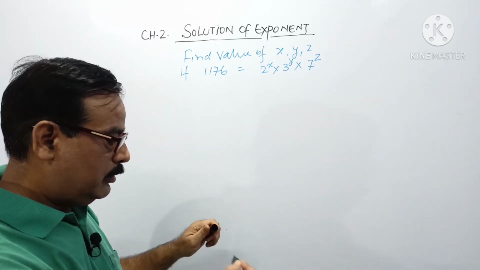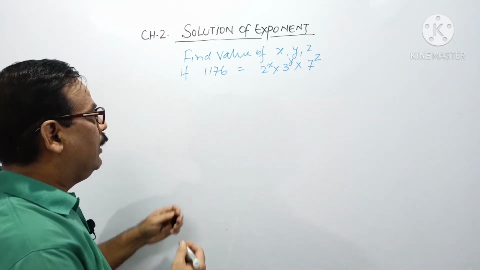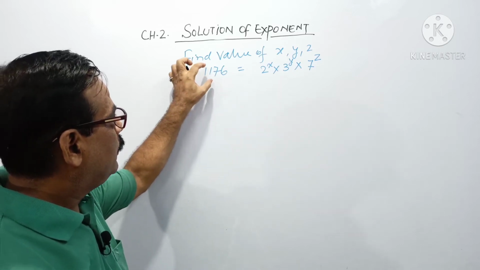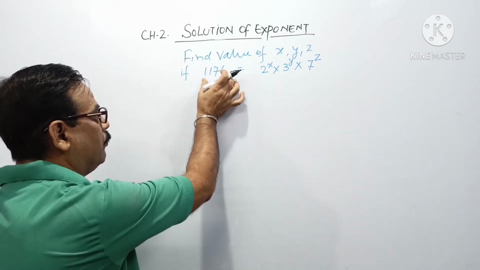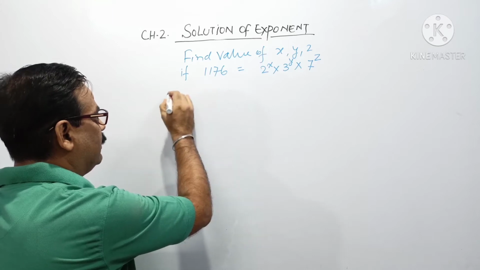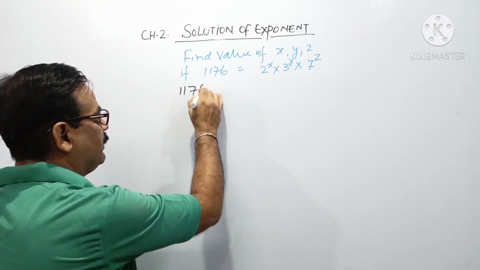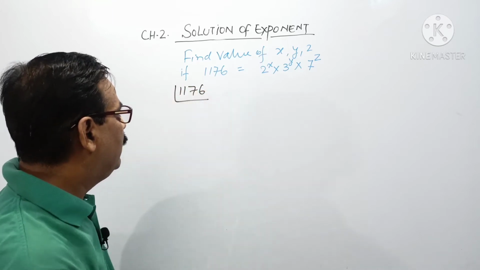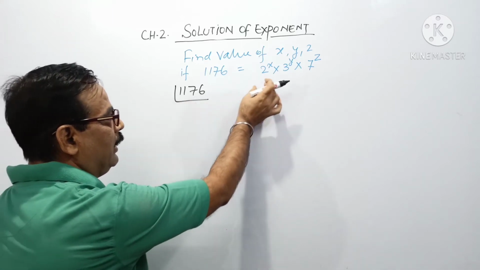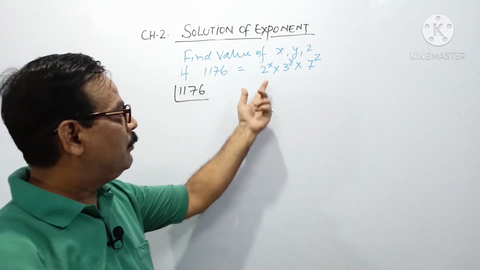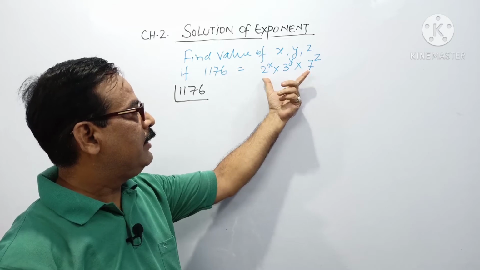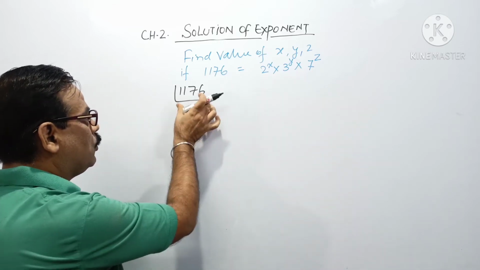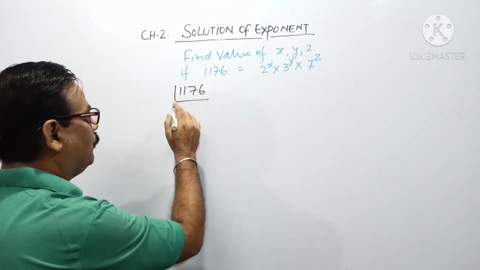How to solve these questions? First we have to take the LCM of this number 1176. We start, because we have to take prime numbers, as 2, 3, 7 are given on the right side, so the LCM should be in the form of prime numbers.